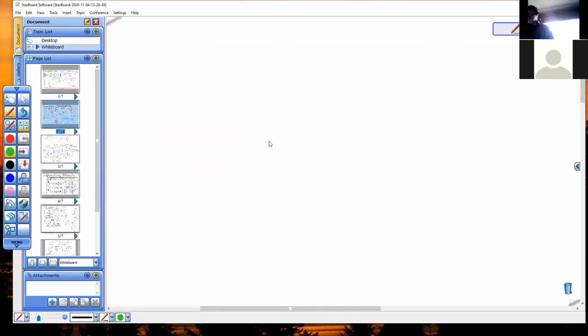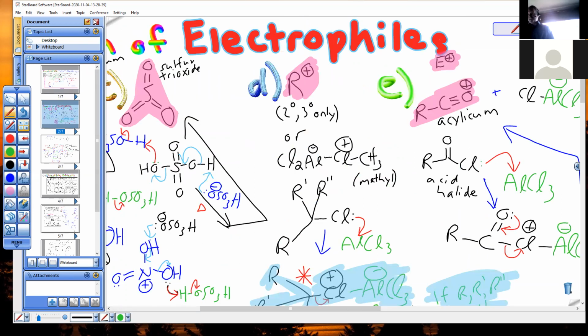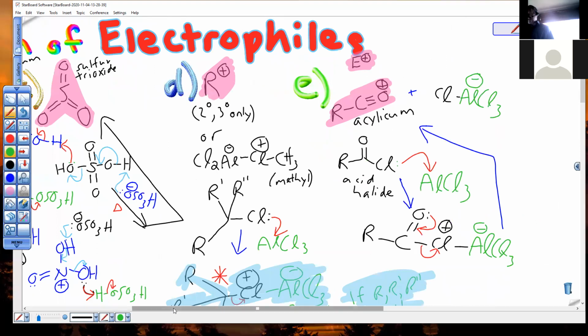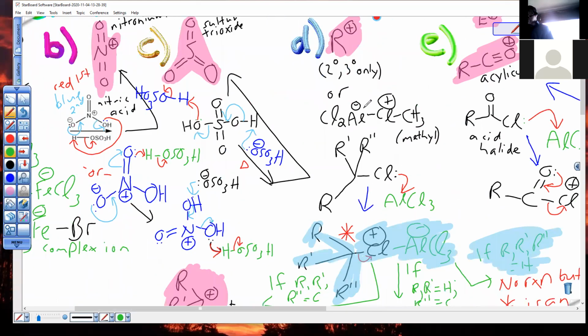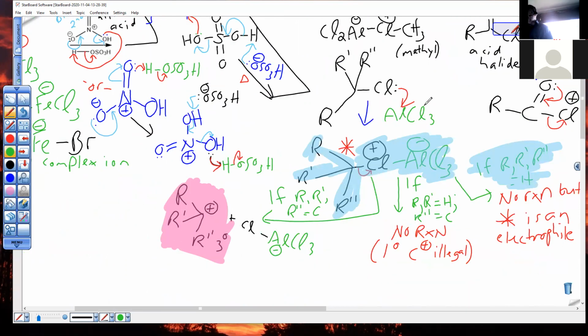And what was the only carbon group we didn't know how to put on? Well, we knew how to put a secondary or tertiary on. You started with alkyl chloride and you reacted with aluminum chloride and made a carbocation. And I'll just add a comment after the fact here.